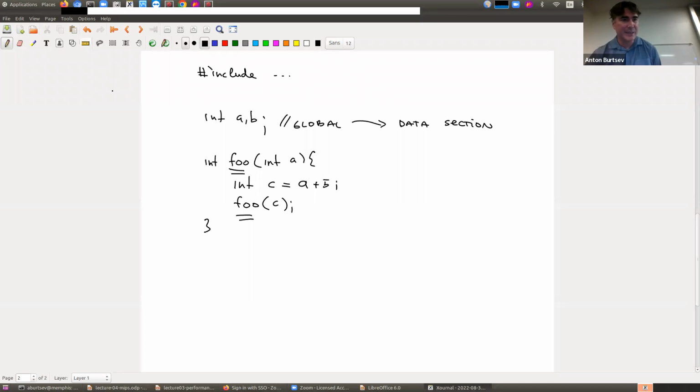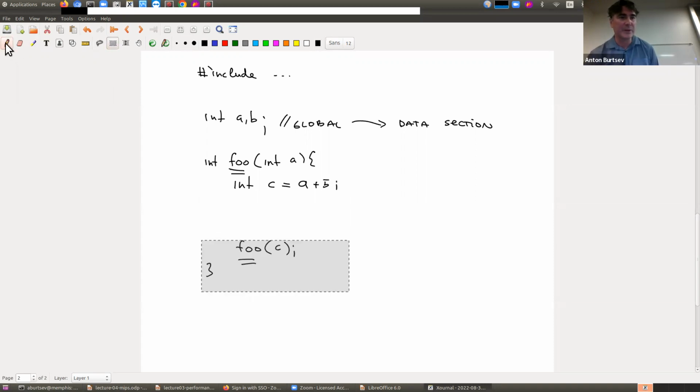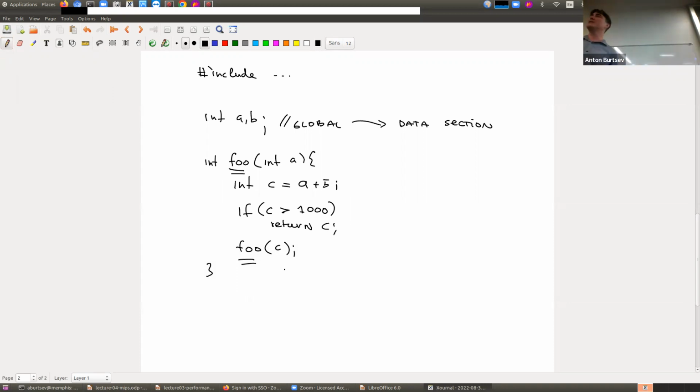Let's make it more concrete, because this is definitely an infinite recursion in my code. If C is greater than, let's say, 1,000, then we'll just return C, otherwise invoke foo of C recursively. So C is growing in this invocation because we keep adding 5.